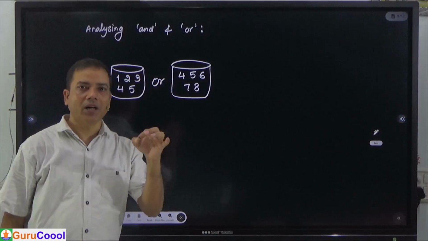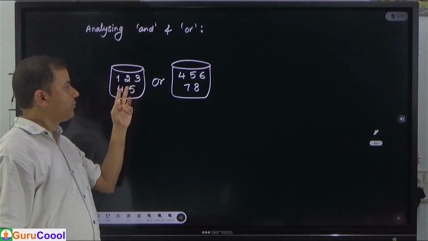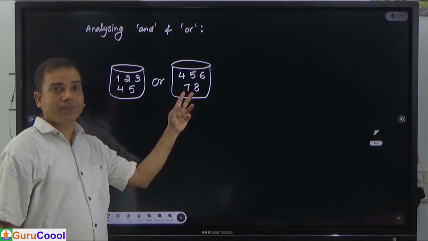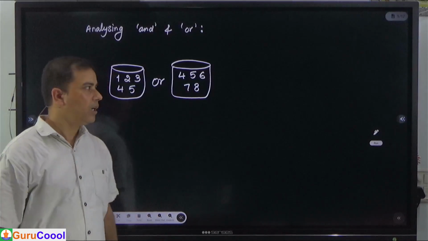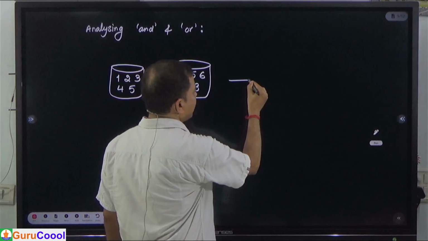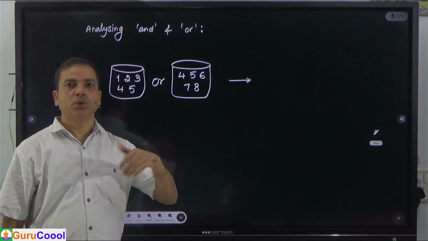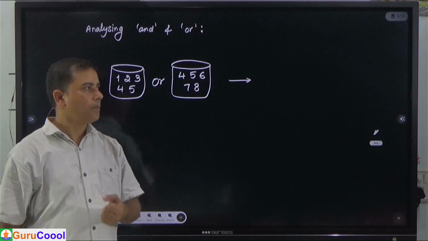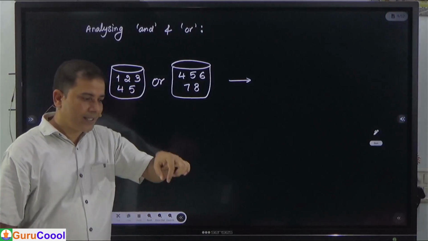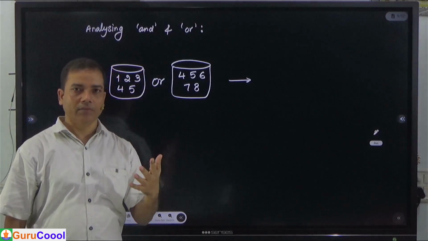If you draw a card with a number either from this box or from this box, you will be a winner. So how many numbers are available to contribute in your winning? Let's say you draw a card from the first box, 1 comes, you are the winner.